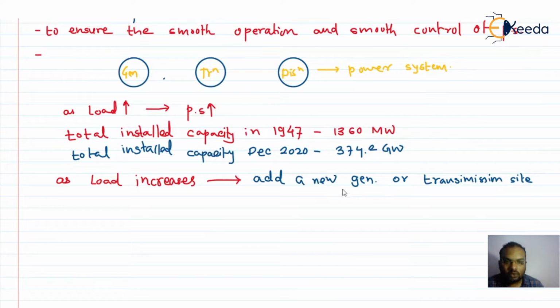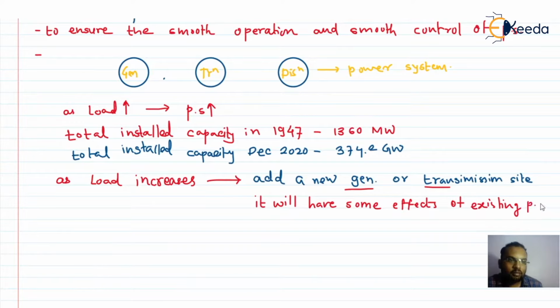If I'm going to add a new generator, a new transmission line, or a new distribution network in my power system, it will have some effects on my existing power system.